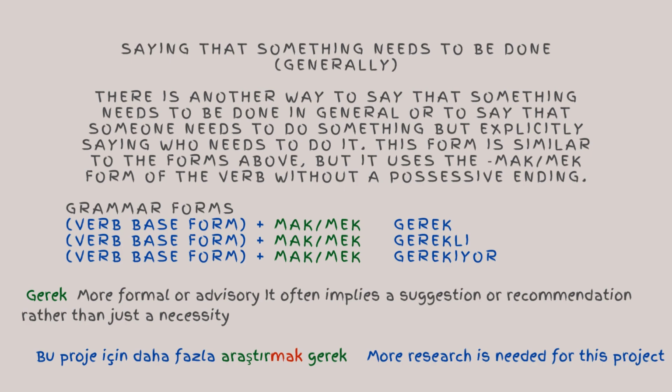Now, when to use gerek, if you want to express something more formal or advisory, it often implies a suggestion or recommendation rather than just a necessity. Let's read this example. Bu proje için daha fazla araştırmak gerek. More research is needed for this project. So, let's imagine this.